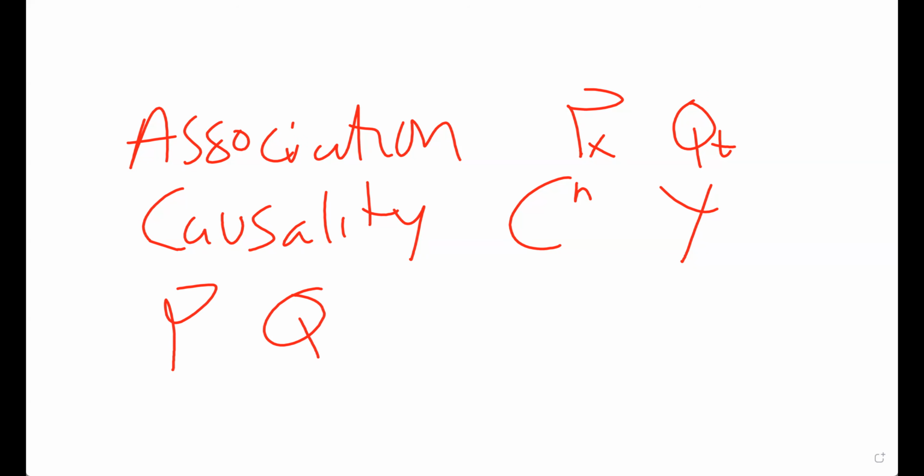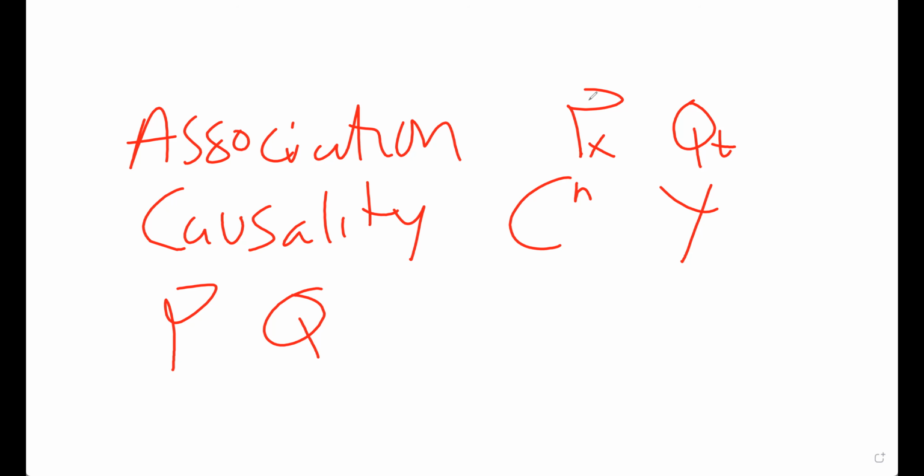Adam says negative. Sakite says negative. Daniel says positive. Elena, Mark, they are all saying negative. So the relationship between price and quantity demanded is negative.